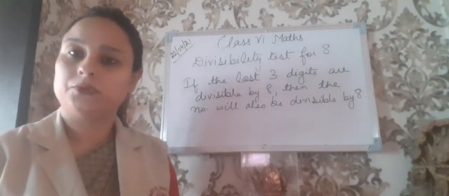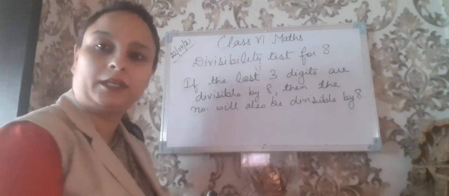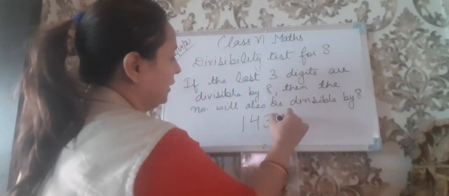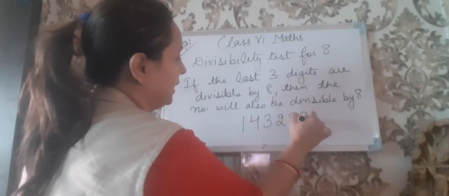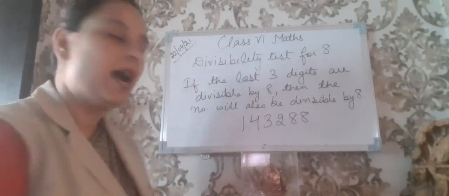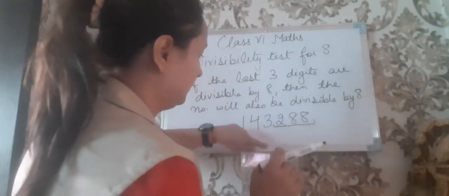So last 3 digits of the number I'll check. I'm giving you an example here, okay? Let's say I have got 143,288. Okay? Let's say I've got this number. I'll check the last 3 digits.